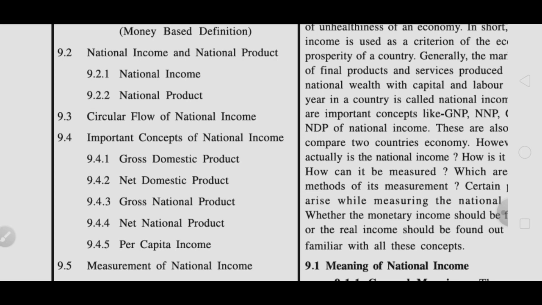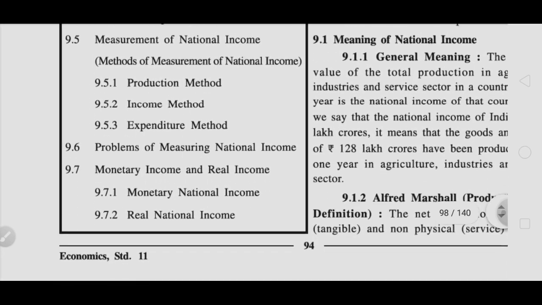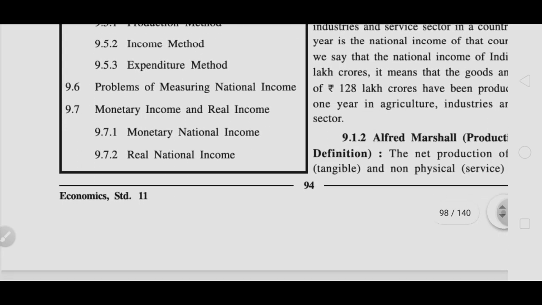Then there are some important concepts, because in standard 12 words like GNP, NNP and GDP are quoted everywhere. So to understand the standard 12 textbook, you have to understand these concepts very easily. Then we'll discuss the problems of measuring national income, and monetary income and real income.